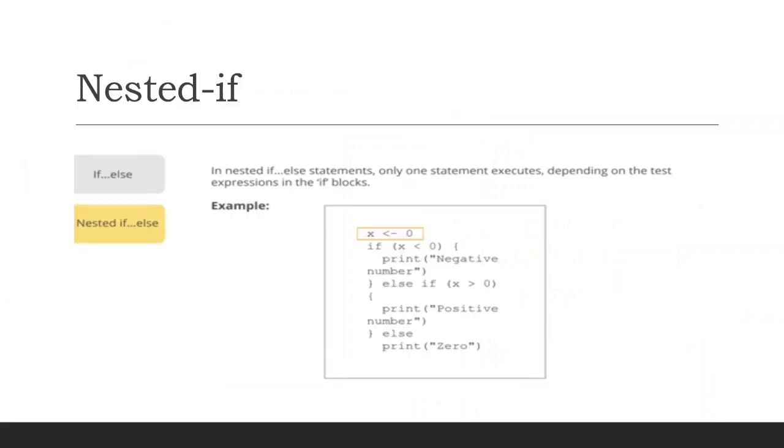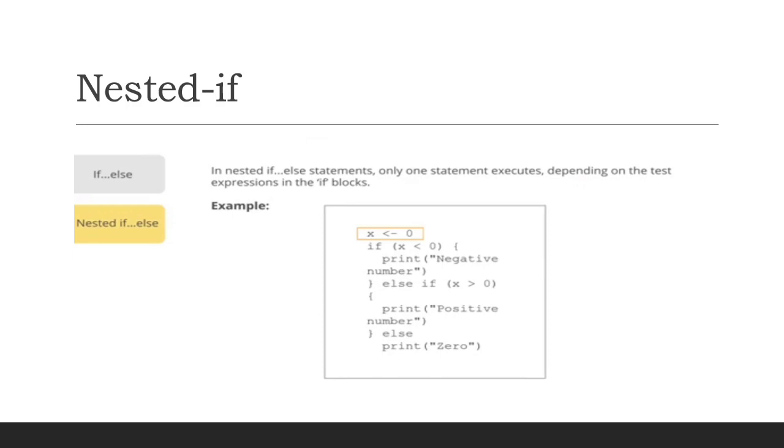Then the nested if. In nested if-else statements, only one statement executes depending on the test expressions in the if block. So if x is equal to 0, print negative number. Else if x is greater than 0, we check it again. Else if x is less than 0, then it is okay.